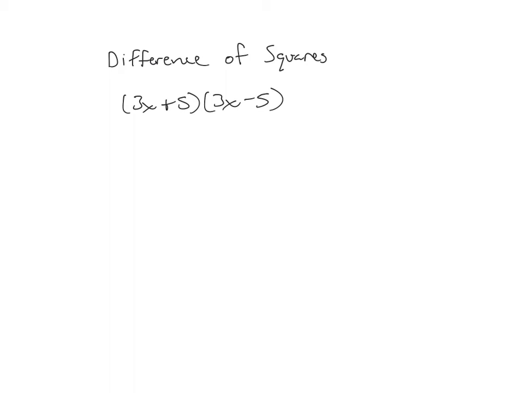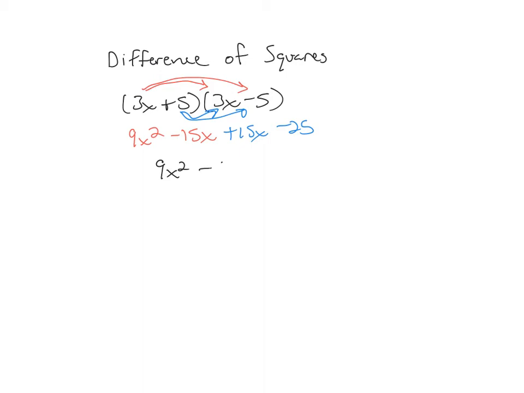And so what happens when we multiply these? 9x squared minus 15x plus 15x minus 25. And so when you go to combine them, negative 15 and positive 15 is 0.